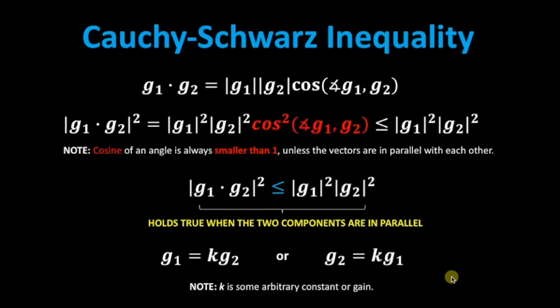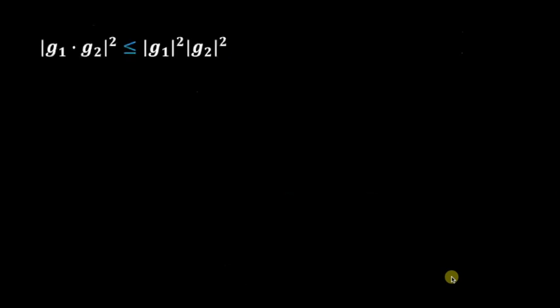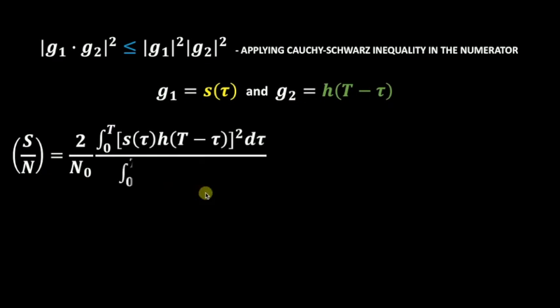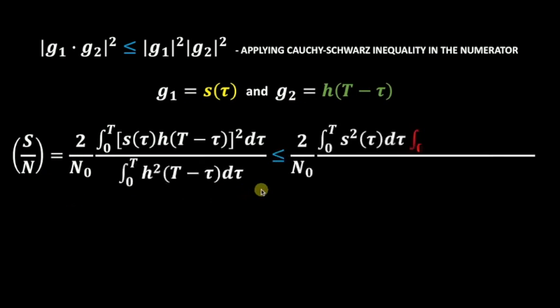So where are we going to use this Cauchy-Schwarz inequality? We're going to apply the idea of the Cauchy-Schwarz inequality in our numerator. What we're going to do is represent S of tau as our G1 and H of t minus tau as our G2. Recall that this is the signal to noise ratio that we derived previously, and again this form is not that manageable, so we're going to do some form of manipulation.